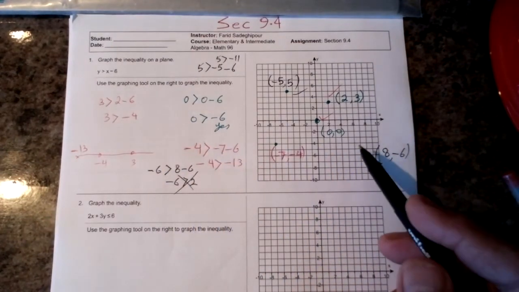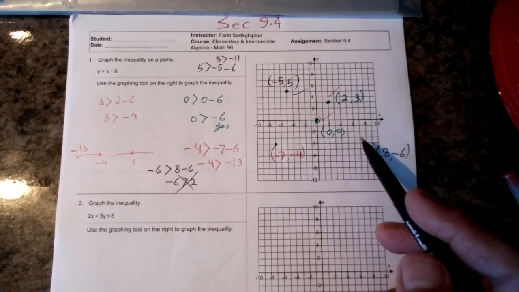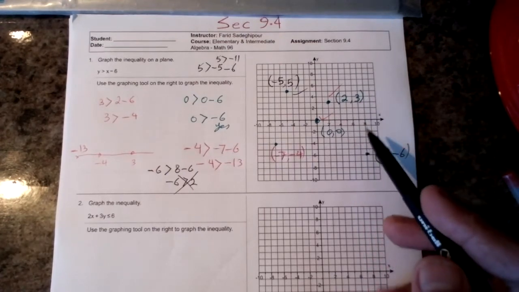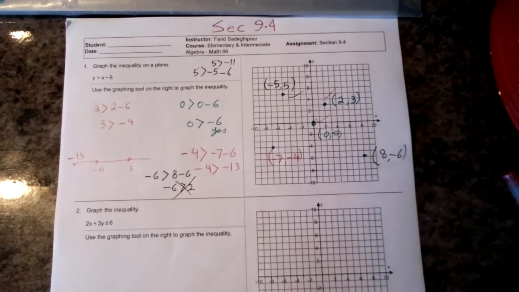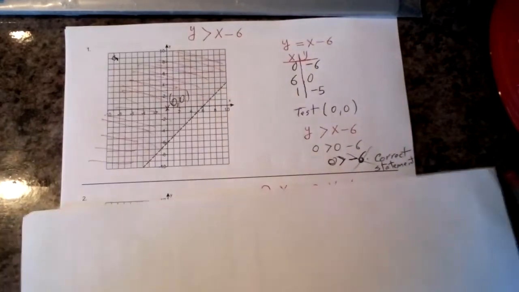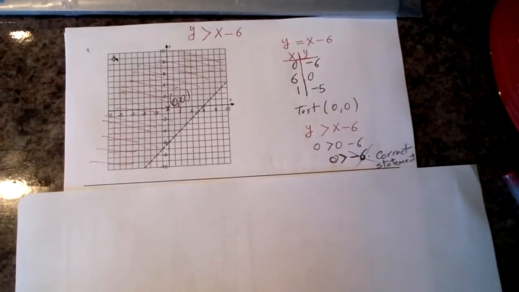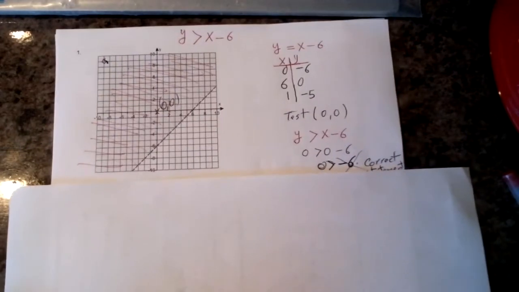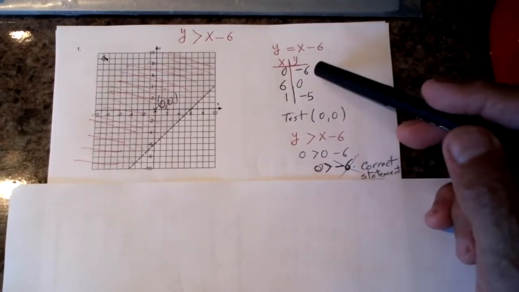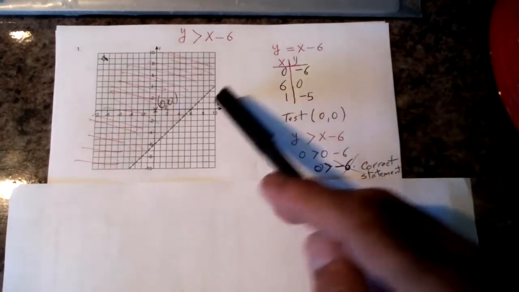But all those points that satisfy or do not satisfy are located in one section or one area. And that's what we're trying to find. So in order to do that, look at the solution of the first problem. First, you think of this as an equation. So you just plug in some numbers and you graph it.